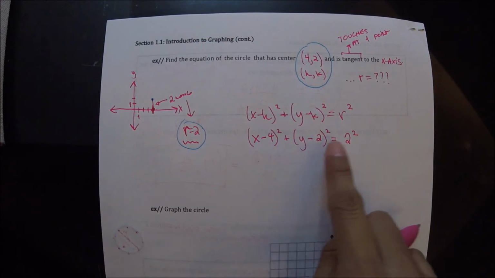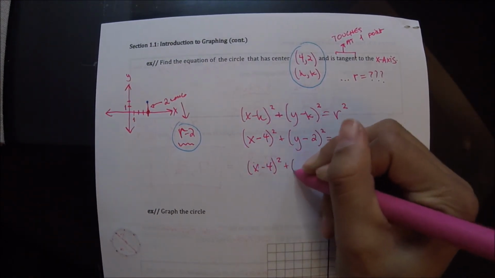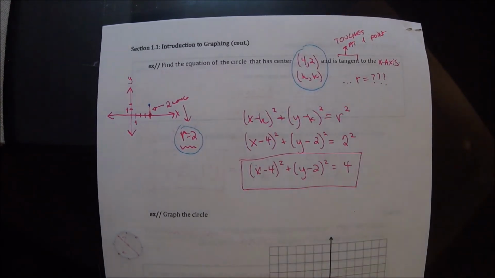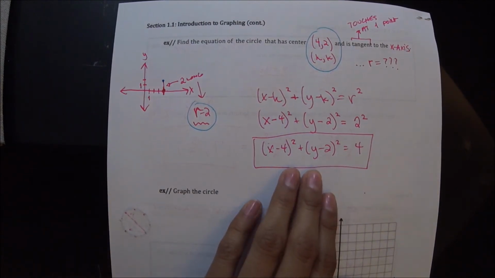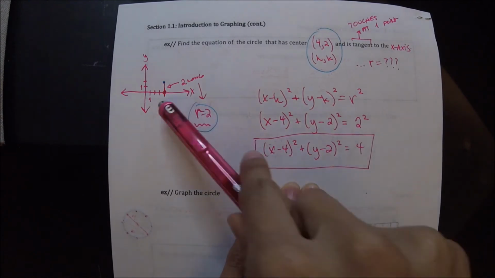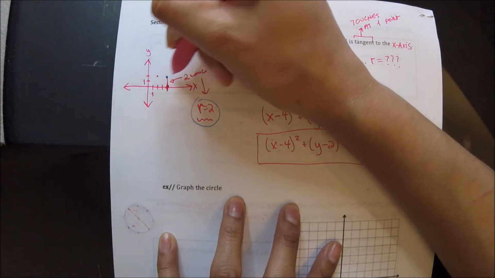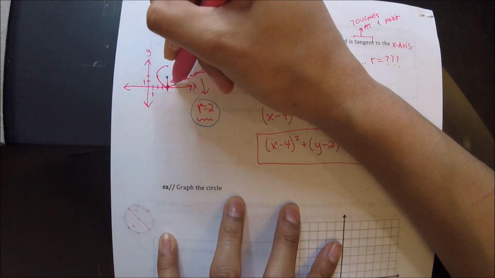The only thing we have to simplify is this 2 squared, which of course is 4. And so now that's the equation of a circle that has center (4, 2) and is tangent to the x-axis. So really our circle is eventually going to look something like that.